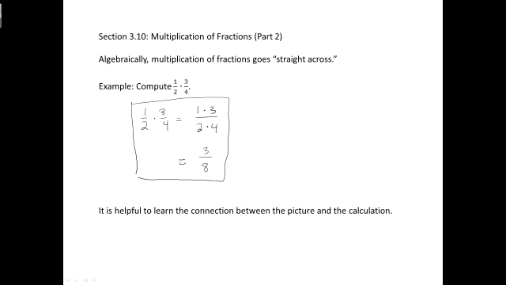It's helpful to learn the connection between the picture and the calculation. 1/2 times 3/4 is half of 3/4. So we begin with a picture of 3/4, have a circle, cut into 4 pieces, and we shade 3 of them in.